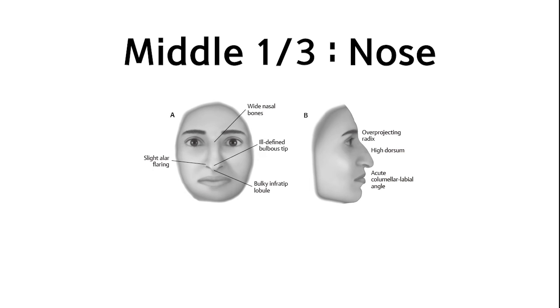On the other hand, Middle Easterns have wide nasal bones, thick sebaceous skin, an ill-defined bulbous tip, a high dorsum, an over-projecting radix, and an acute columella labial angle.